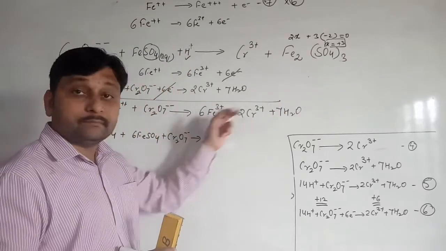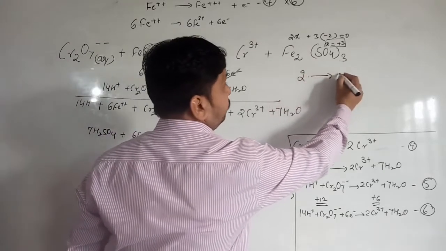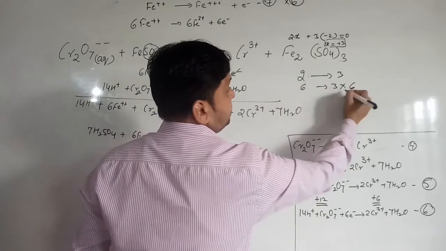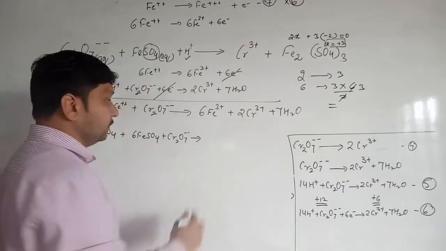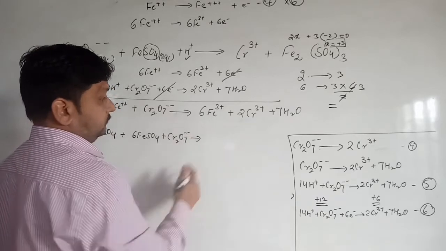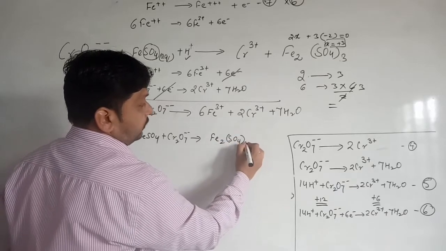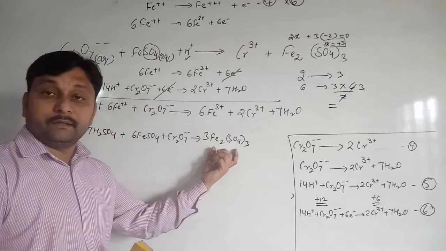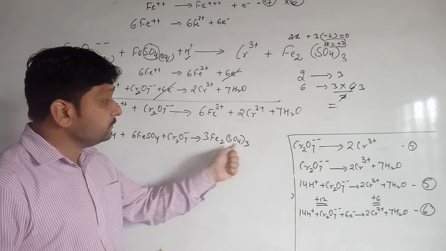So 6 Fe require 3 times 6 over 2, that is 3 times 3 is 9. So 3Fe2(SO4)3, that is the iron sulfate. It means we multiply by 3. Clear? So this is the iron sulfate part, and 3 times 3 is 9.